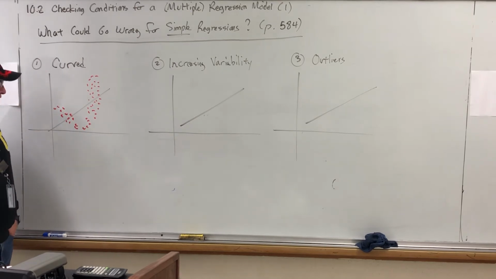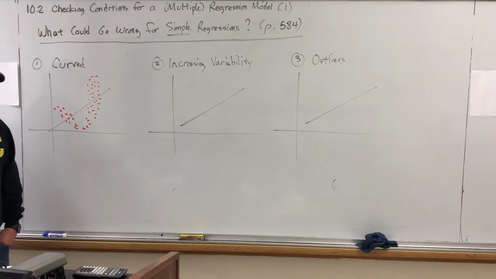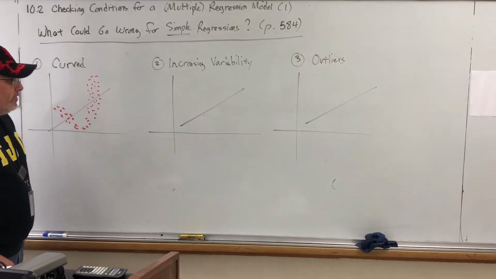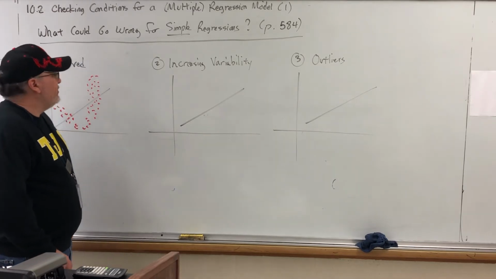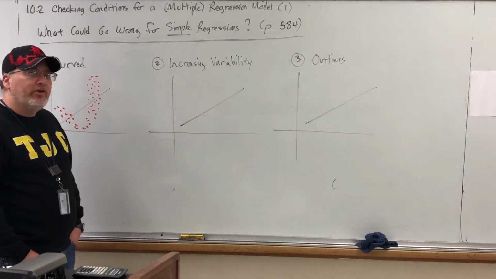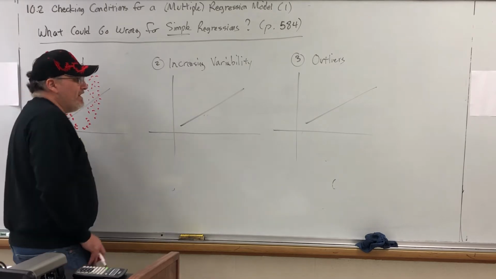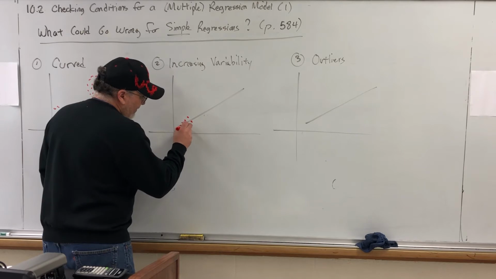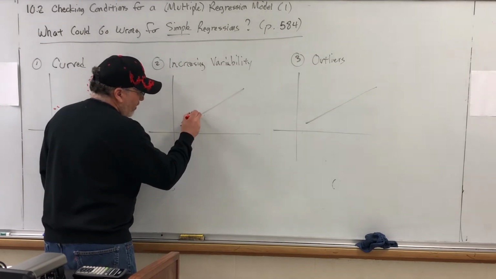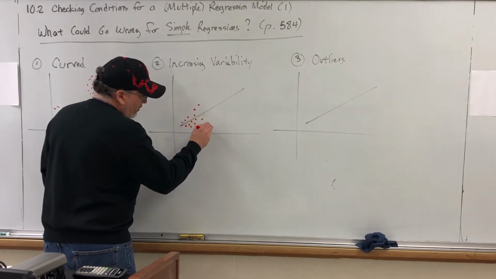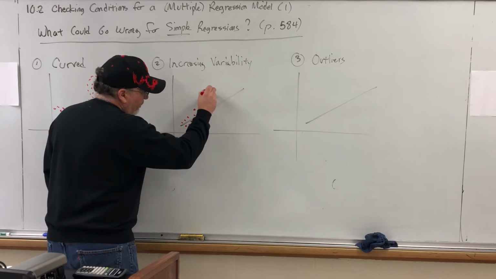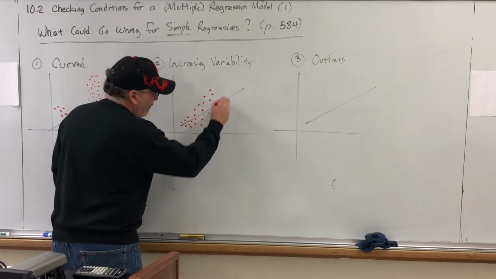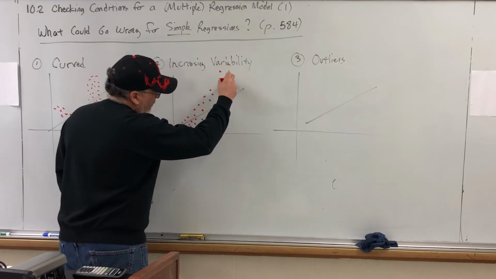I would expect the correlation for this to be rather small, close to 0, indicating a very, very weak linear association. The second thing that could go wrong is that you could have increasing variability, meaning that at the beginning of your line of best fit, your points are relatively close to the line, so small residuals. But as you move outwards, the residuals start increasing, thus increasing the variability in your response variable.